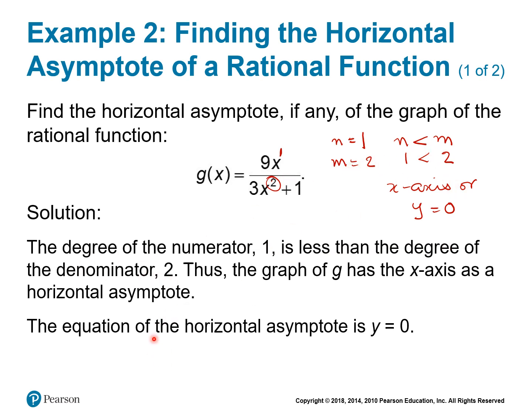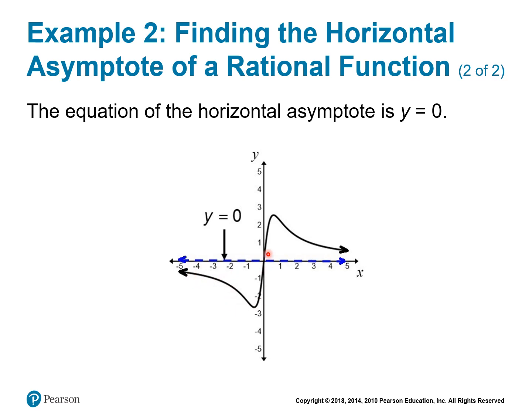Thus, the graph of g has the x-axis as a horizontal asymptote, which is y equal to 0. The equation of the x-axis is y equal to 0. And this is the behavior of the graph of that rational function at y equal to 0, at the x-axis.